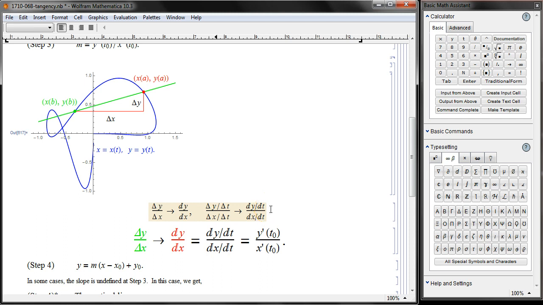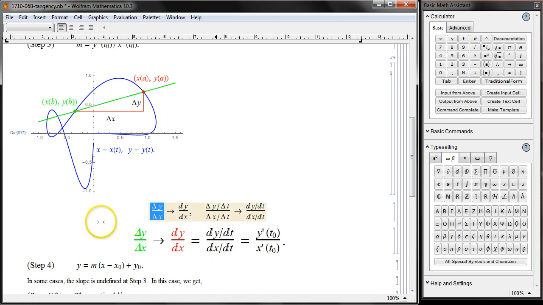And the denominator is dx over dt. And those are the derivatives, y prime over x prime. Of course, the point we are interested in is t0, so we have to evaluate it at t0. And that's why we are getting y prime over x prime, not the other way around or anything else.